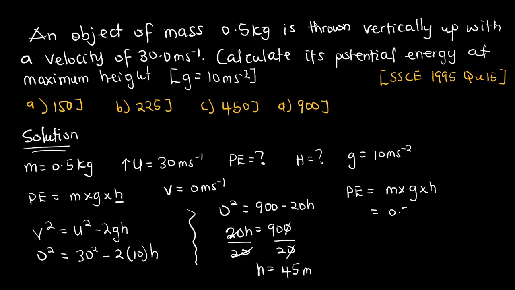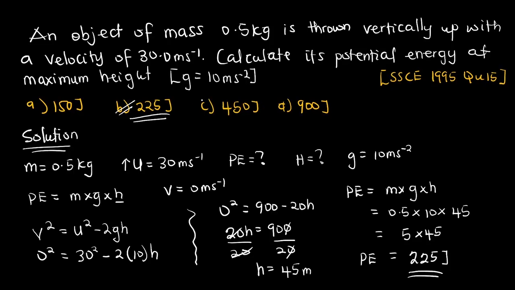The mass is 0.5 kilograms, multiplied by gravity, which is 10, then the height, which we just found to be 45. 0.5 multiplied by 10 gives 5, and then 5 multiplied by 45 gives 225. So 225 joules is my answer. Looking through the possible choices, option B is the correct answer.